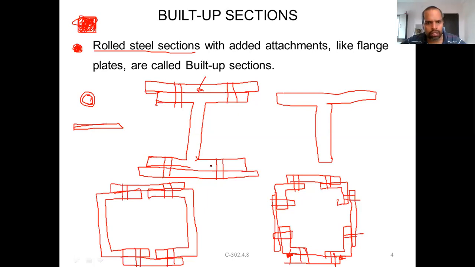In contrast, this is a single rolled steel section, RSJ. RSJ means rolled steel section. For example, if you say ISMB 500, these are designated like this. ISMB is Indian Standard Medium Beam.